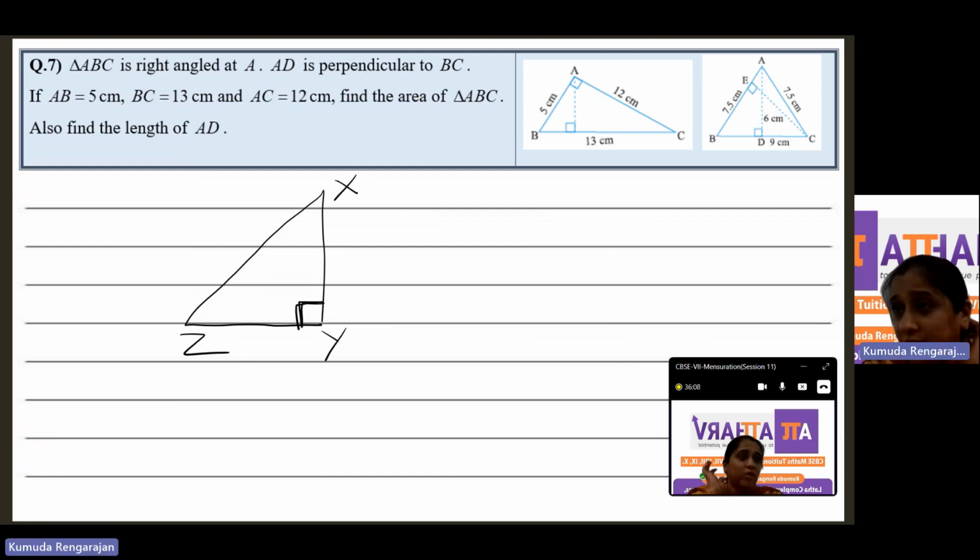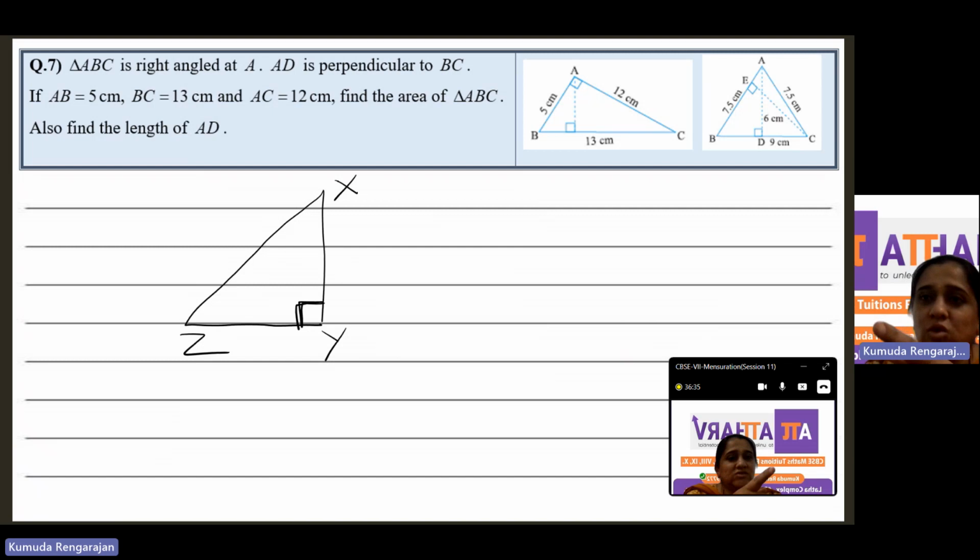And name the hypotenuse. What is the name of the hypotenuse here? Z. That's a vertex. Hypotenuse is a side. You will name it using two letters.